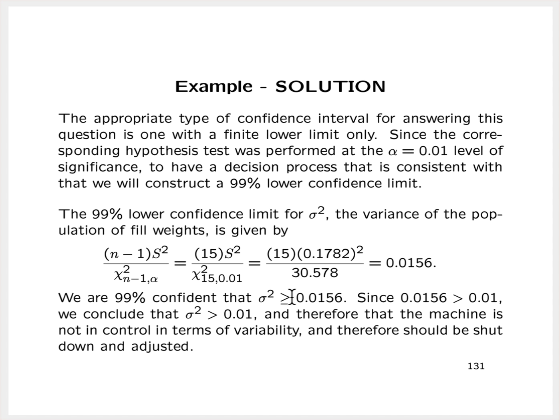And so we have that calculation here. The 99% lower confidence limit for sigma squared, the variance of the population of fill weights, is given by this expression. Remember that the sample size is 16, so we have 15 degrees of freedom.